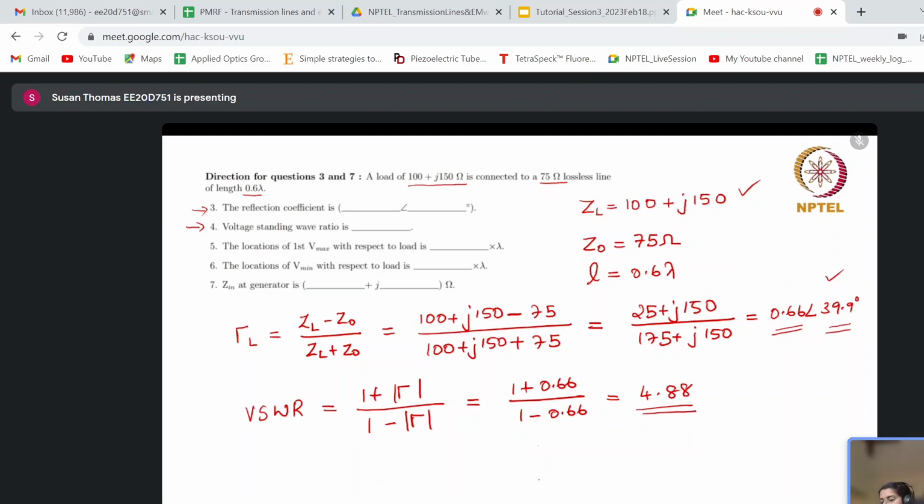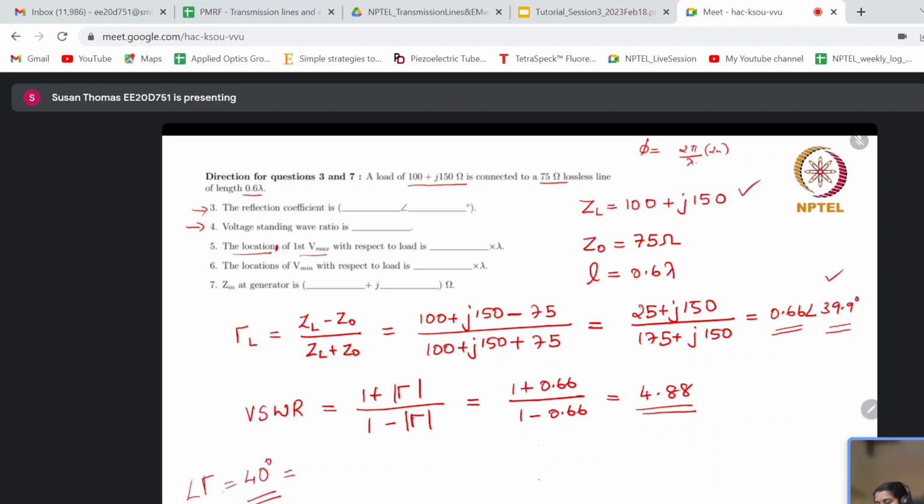Now to go to the next question, the location of first Vmax with respect to the load. We know that we have a Vmax when phi is even multiples of 2 pi by lambda. Here the phase of the reflection coefficient, angle gamma, is 39.9 degree, which could be approximated as 40 degree.